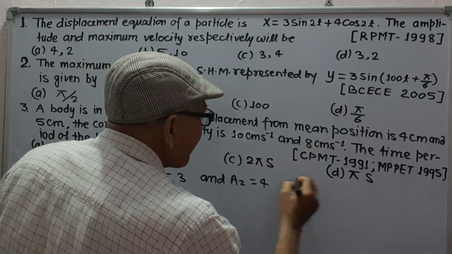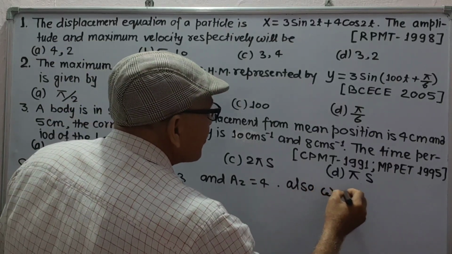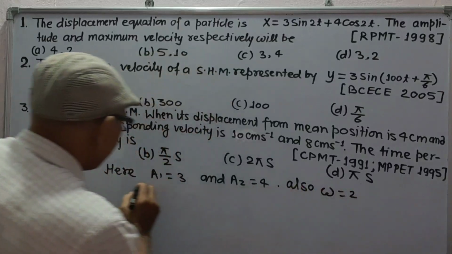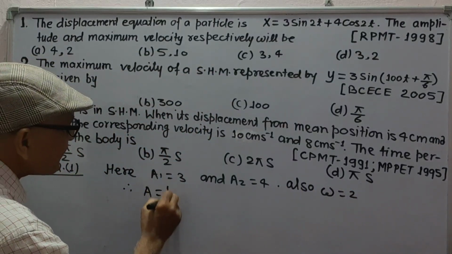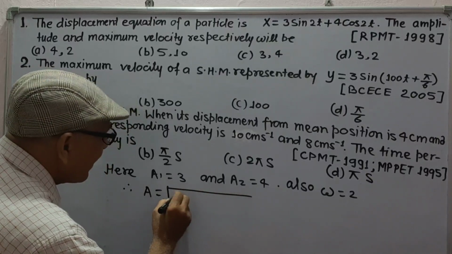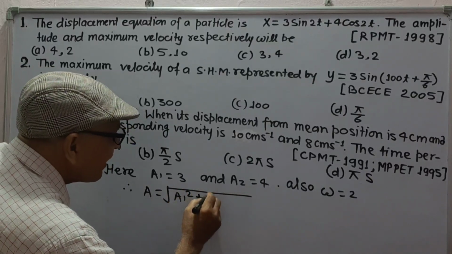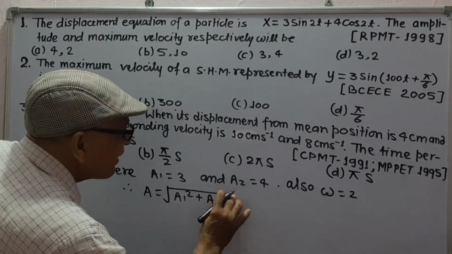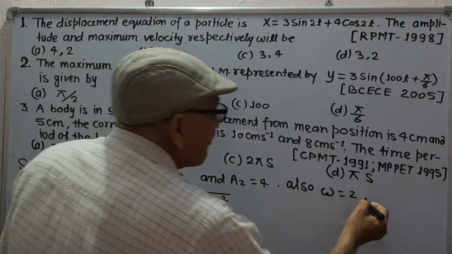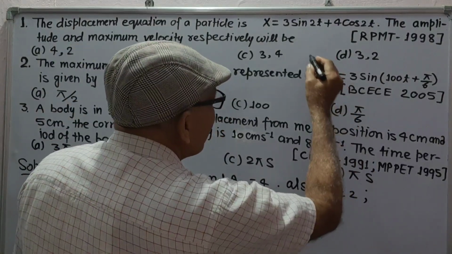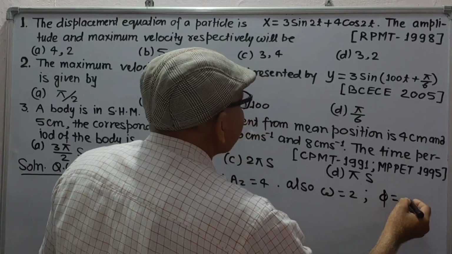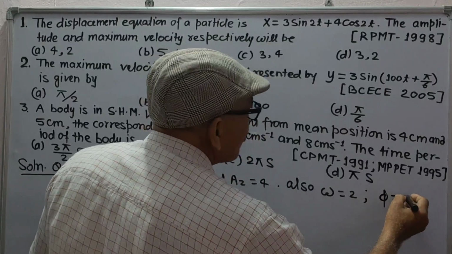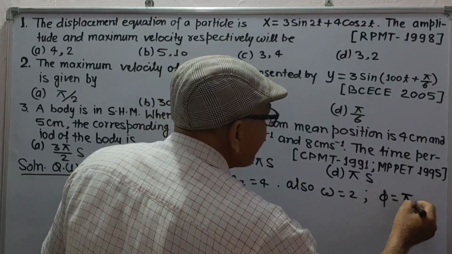Also omega is 2, therefore A will be equal to the square root of A1 square plus A2 square, because the phase angle phi between sin 2t and cos 2t is pi by 2.